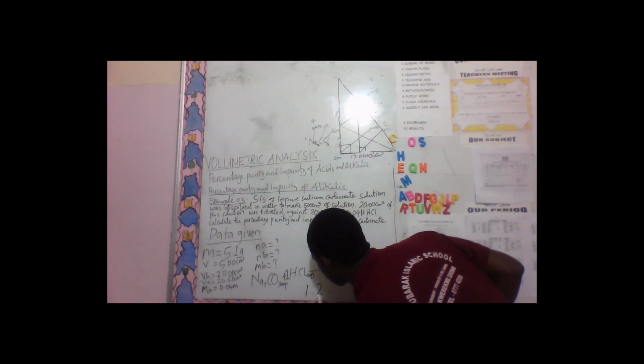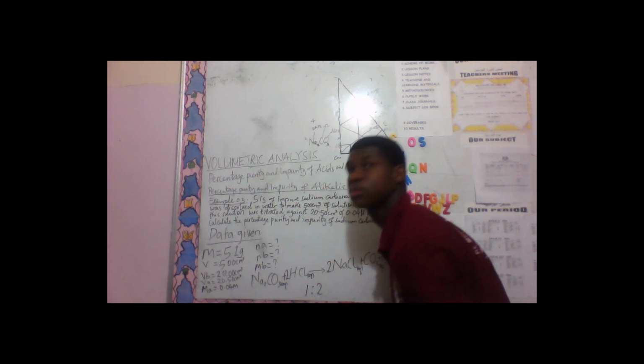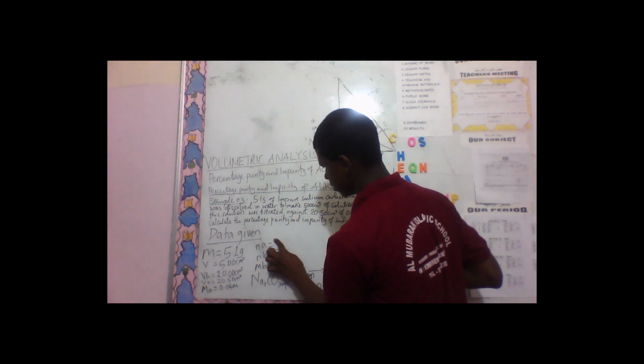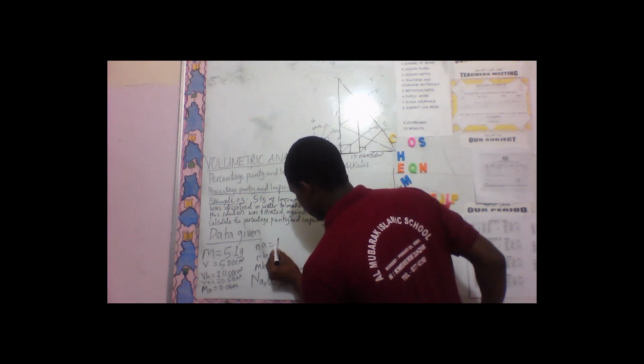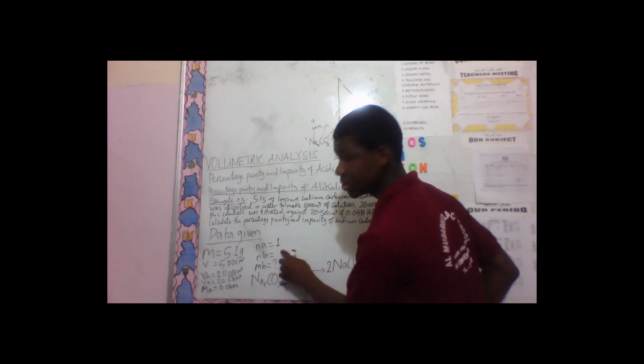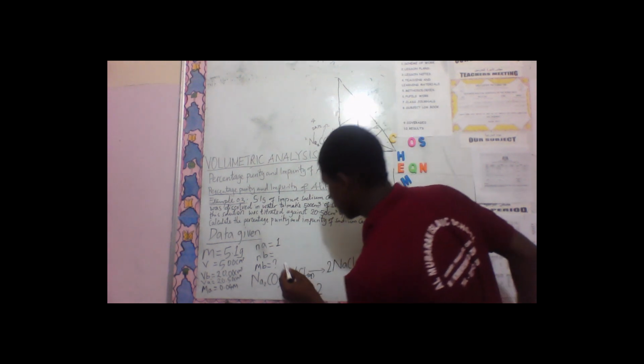What does 1:2 mean? It means number of acid and number of base. Which one is the number of acid, and the 2 is the number of base.